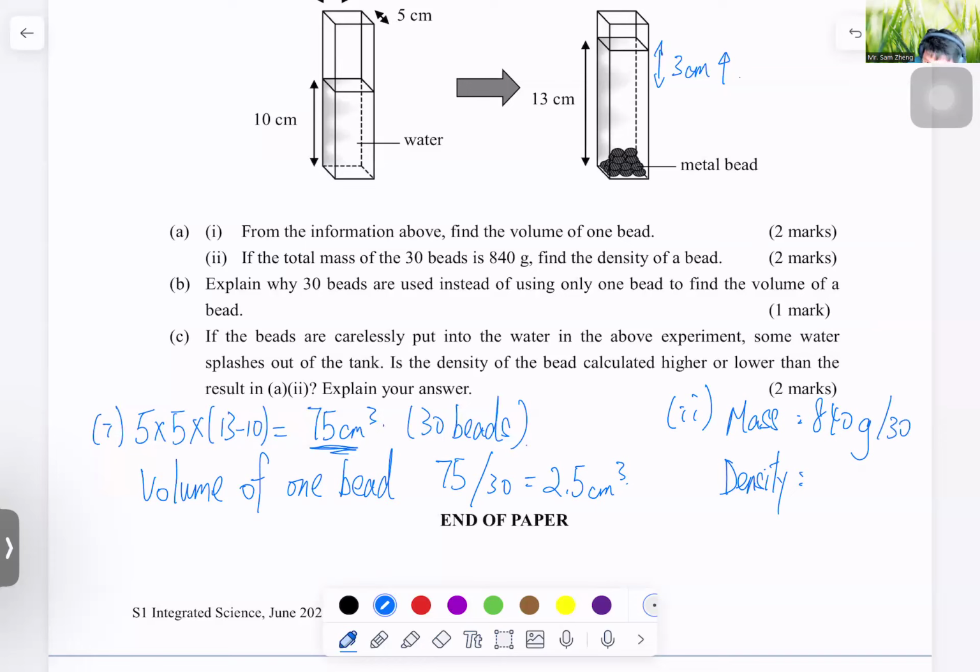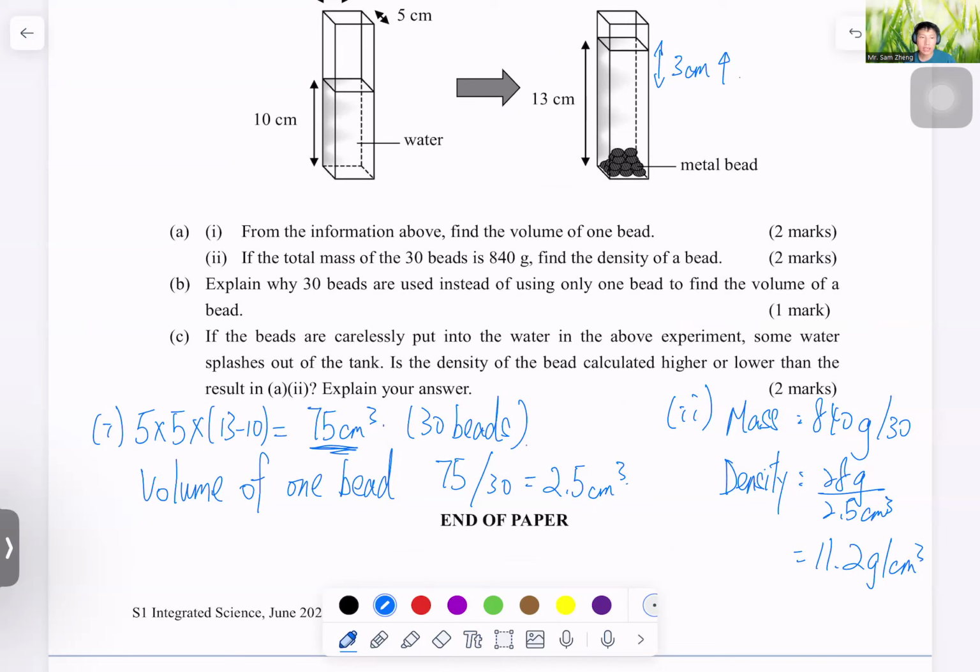The amount should be around 28 gram divided by 2.5 cm cube. Therefore the density would be equal to 11.2 gram per cm cube. That means each metal bead's density.